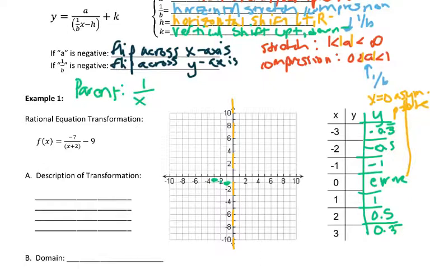So at x equals 0, we have an asymptote. And then it turns out you can't actually get 0 from 1 over something. And so that's actually an error as well. And so we have a second asymptote.